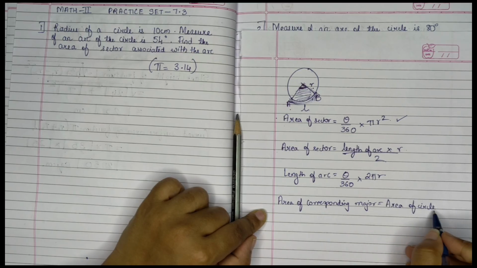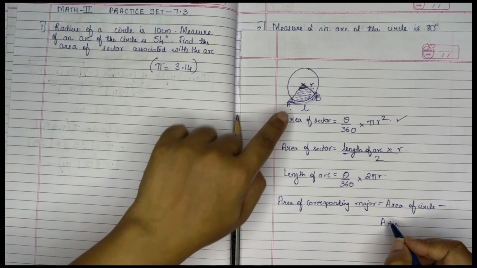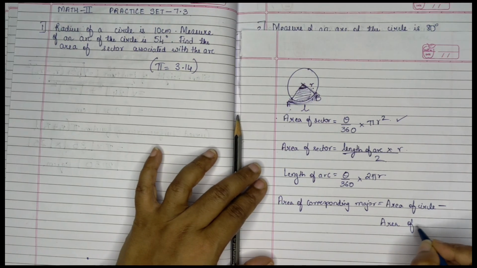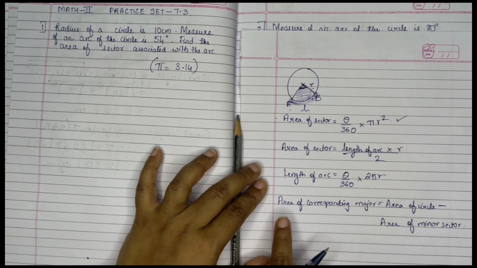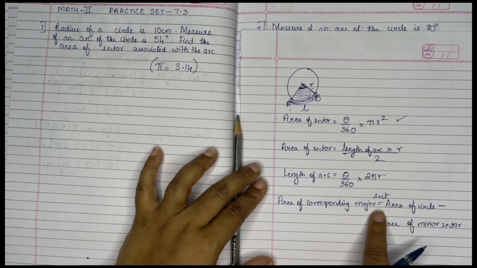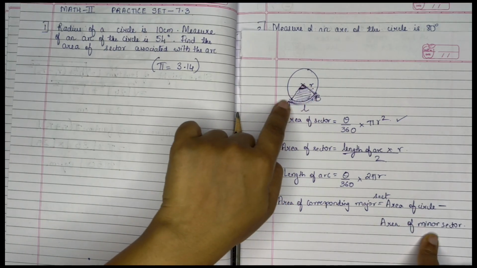We have to first find out the area of circle minus area of minor sector. Suppose this is the minor sector here, the shaded part. So area of corresponding major sector is equal to area of circle minus area of minor sector.